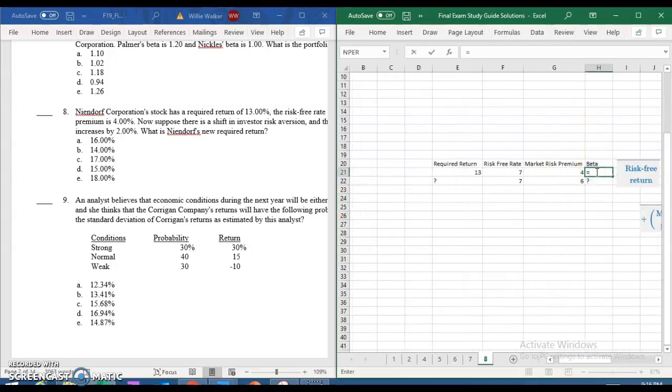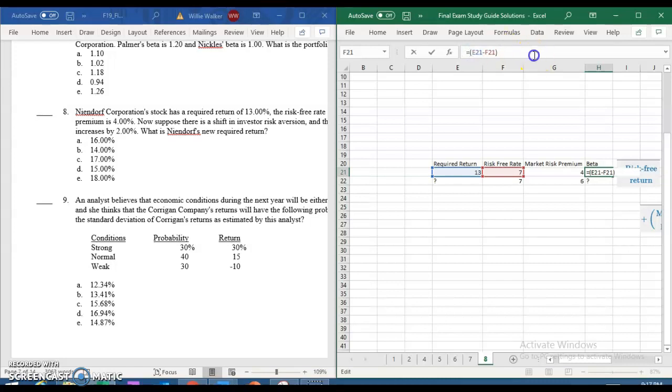So here we go. Let's do it this way: beta equals the required return minus the risk-free rate. I'm going to put that in parentheses.